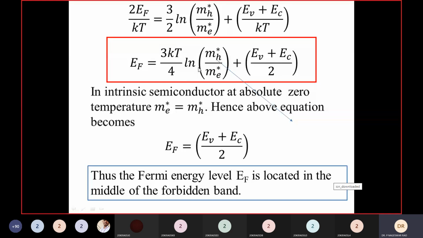This is the equation for the Fermi level of an intrinsic semiconductor.